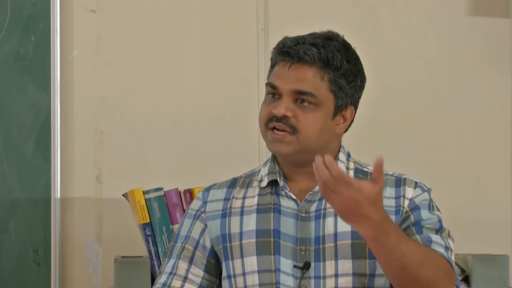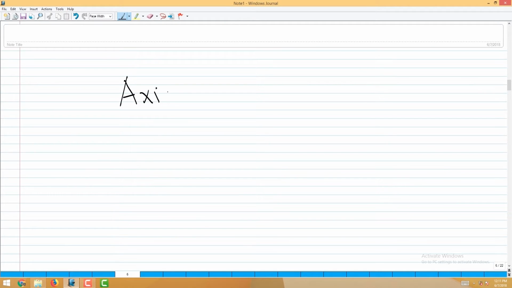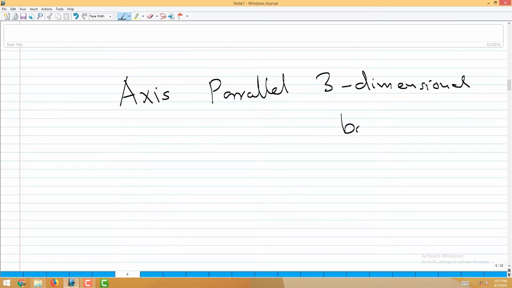So, this rectangle graph is in 2 dimensions, and now there can be a similar intersection graph in 3 dimensions also. What will that be? Instead of axis parallel rectangles, you will consider axis parallel 3 dimensional boxes, hyper rectangles or something like that.